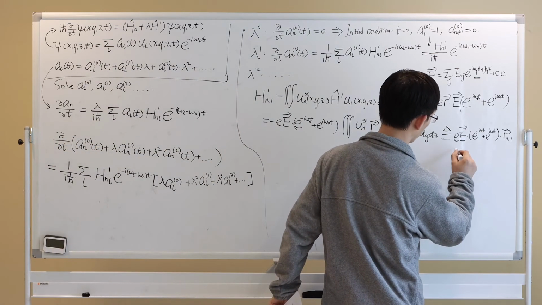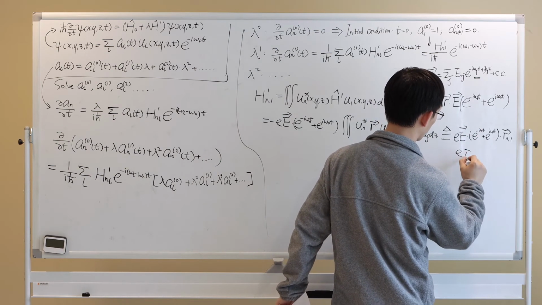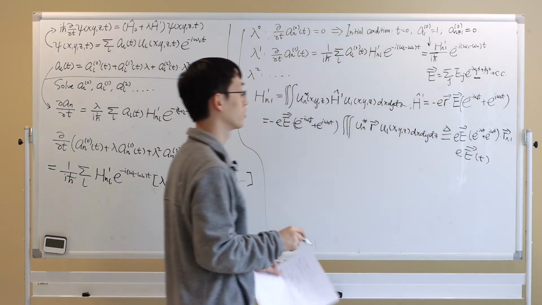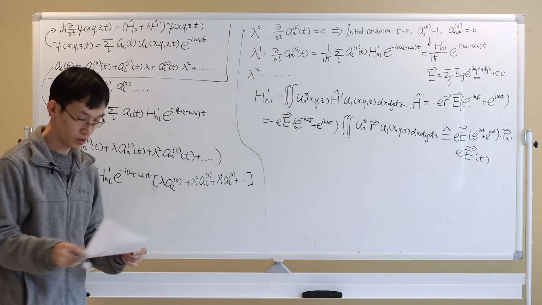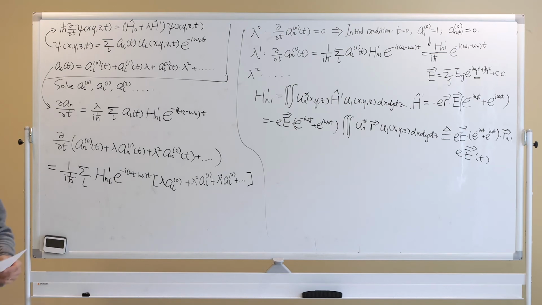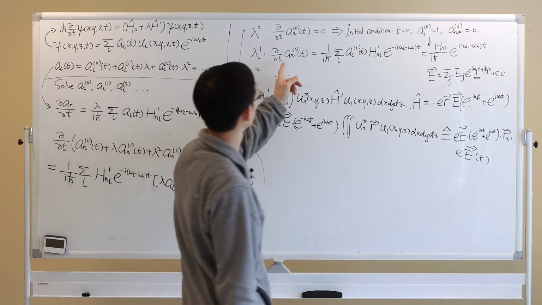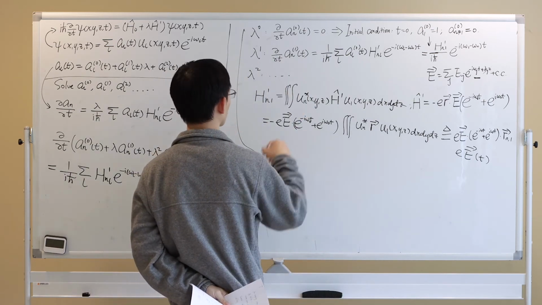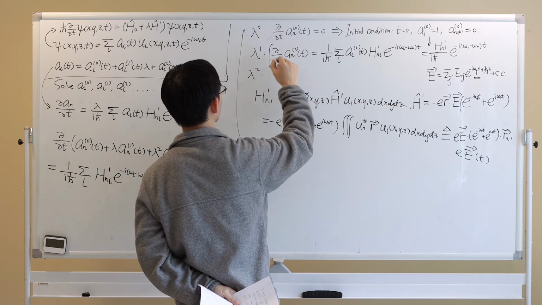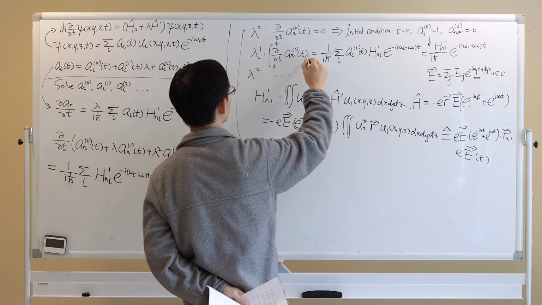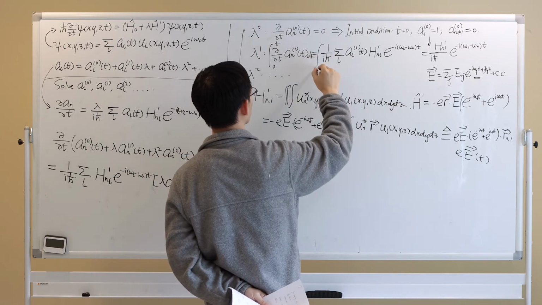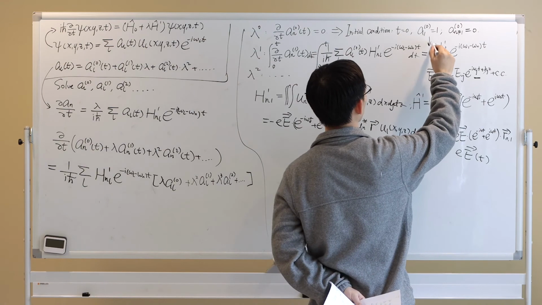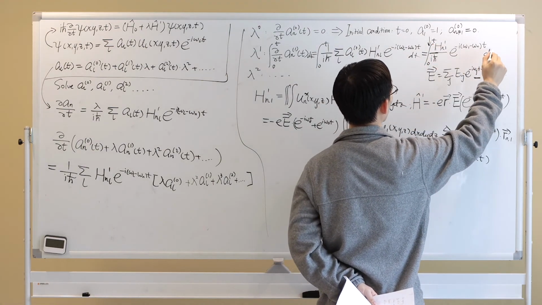Just one thing: if you want to include multiple frequency components, then you can say E is a function of T. It's the same. Then you can plug this in, and when you do the integration, the concept is very similar. You do the integral from 0 to t, dt.